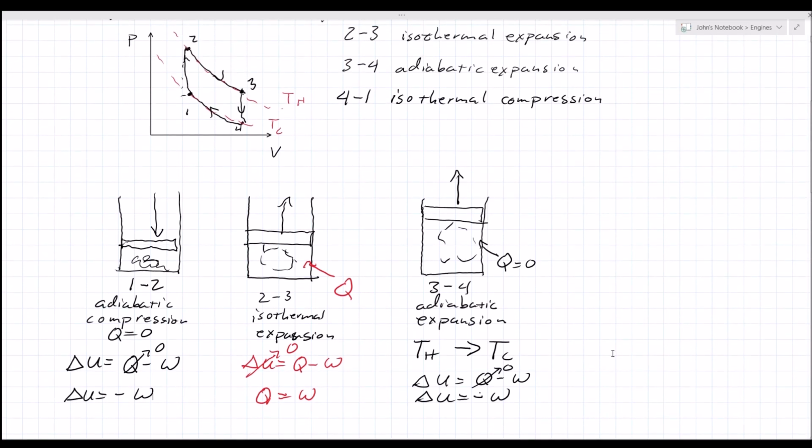So let's have the final step, which is 4 to 1, isothermal expansion, or isothermal compression, sorry. Now I'm compressing it again. My piston is coming back down and the gas is getting more compressed. 4 to 1, isothermal compression.